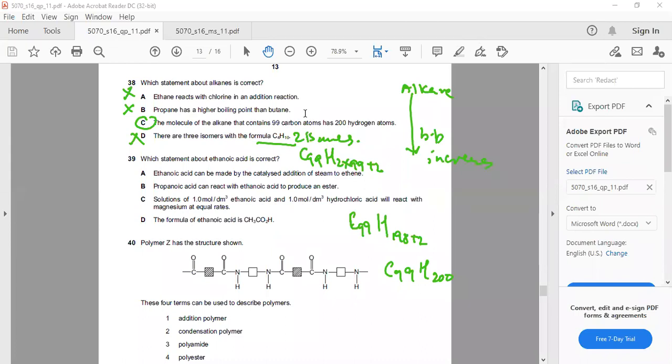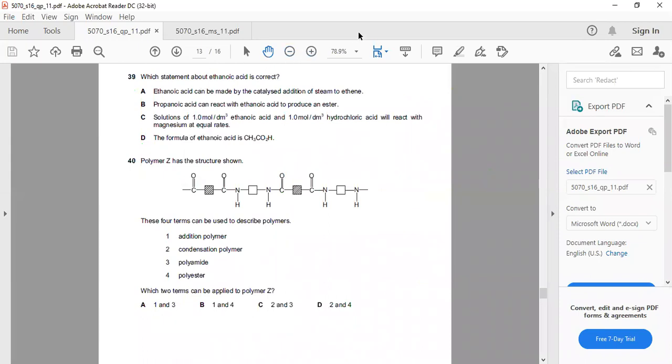39. Which statement about ethanoic acid is correct? Ethanoic acid can be made by addition of steam into ethene. Wrong. Steam into ethene gives ethanol. Propanoic acid can react with ethanoic acid.